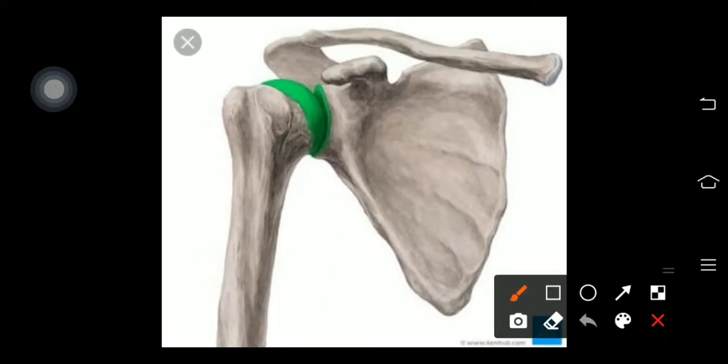Coming to the articular surfaces, the shoulder joint is formed by the head of the humerus and the glenoid cavity of the scapula, right? Now, the head of the humerus is joined with a relatively shallow glenoid cavity, but it is very effectively deepened by a fibrocartilaginous ring called the glenoid labrum.